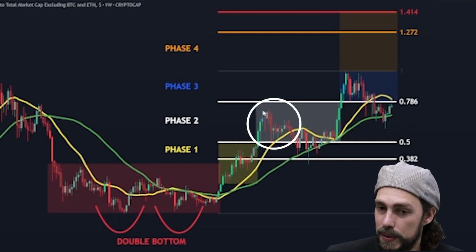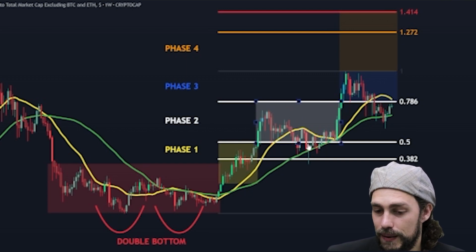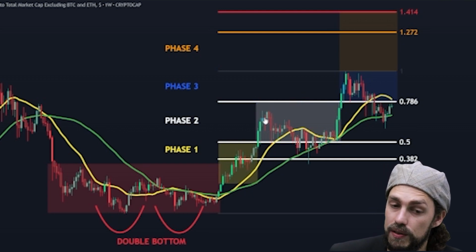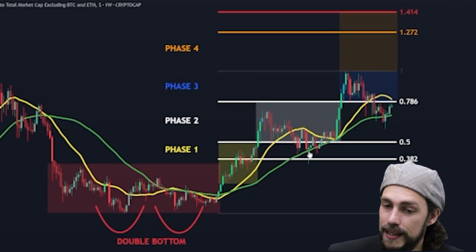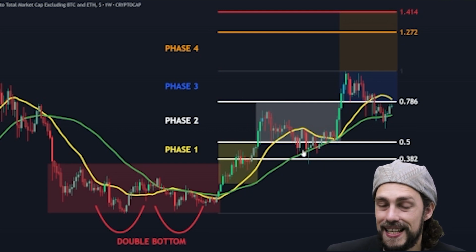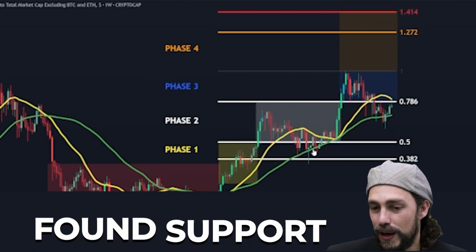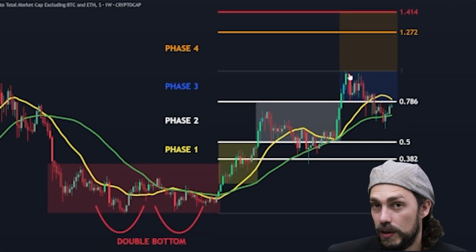If we look at what happened during this period from March to about August in 2024, we can see a push into phase 2, into this white area, resistance, and breaking down back to this 50 SMA, the green line, and retesting phase 1's previous market tops. We can see there's the top in phase 1, and we can see a pullback into the 50 SMA and on top of the previous pivots in phase 1, found support and blasted into phase 3.